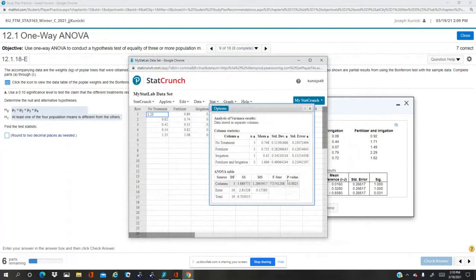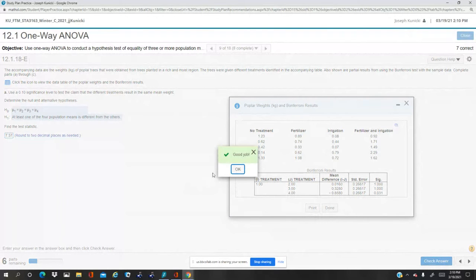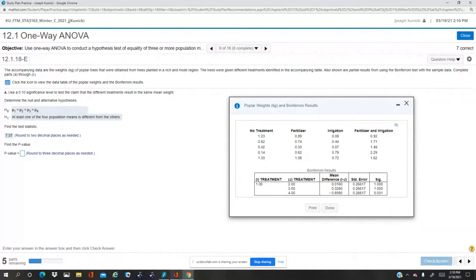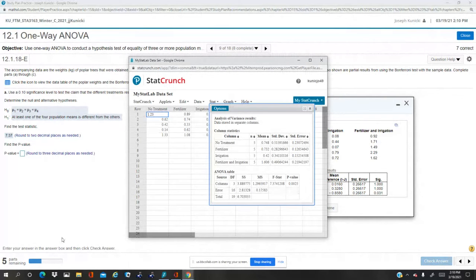So the test statistic is down here, in the ANOVA table at the bottom. The test statistic rounded is 7.37. Straightforward. And the p-value for the ANOVA is 0.0025.